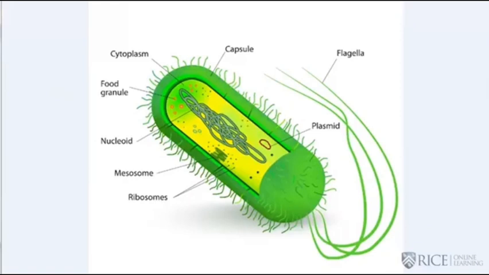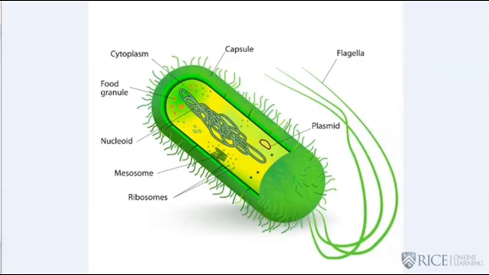Okay, here is a diagram of a bacterium, and you can see that it has its DNA not surrounded by a nuclear membrane. You probably can't tell this, but its ribosomes are different from yours, and that's why we have antibiotics that work, because they attack protein synthesis in prokaryotes and not eukaryotes. They have flagella that help move them around, but they're nothing like your flagella.